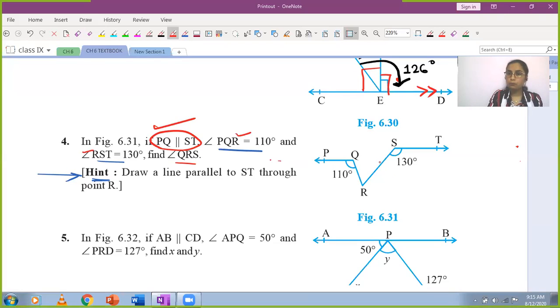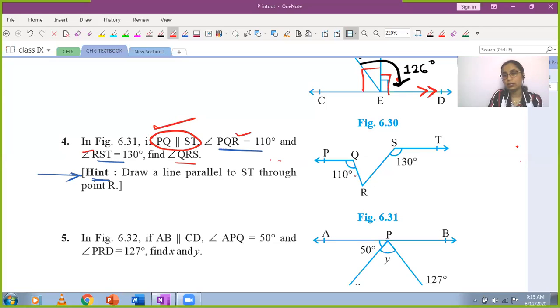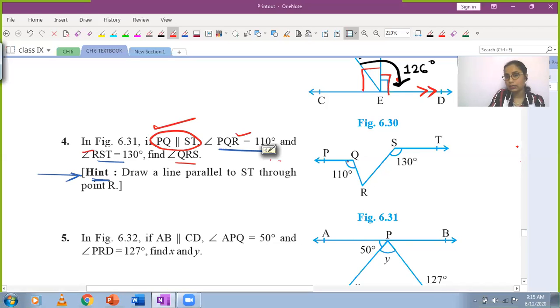They have a point in common at the end, the rays or the line segments. There are no intersecting lines. Unless we have intersecting lines, we don't get vertically opposite angles. The way Rajvansh said earlier, if we extend PQ, let us say PQ is extended, we have vertically opposite angles here, this one and this one.